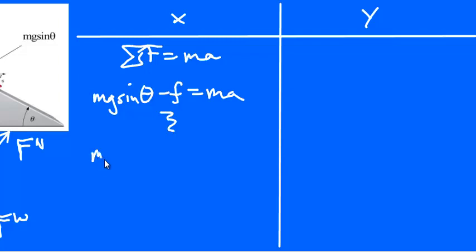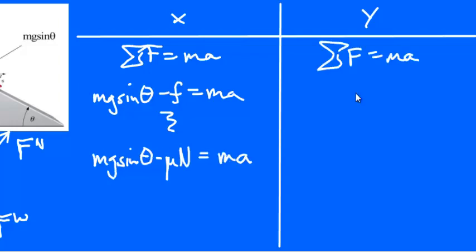Now when we go down to the next line and substitute in our equation for friction, we're left with this normal force term right here. And that's typically not going to be given to you. So what you're going to need to do is come over to the y side and write F equals ma for the y side. And that's going to look like this.